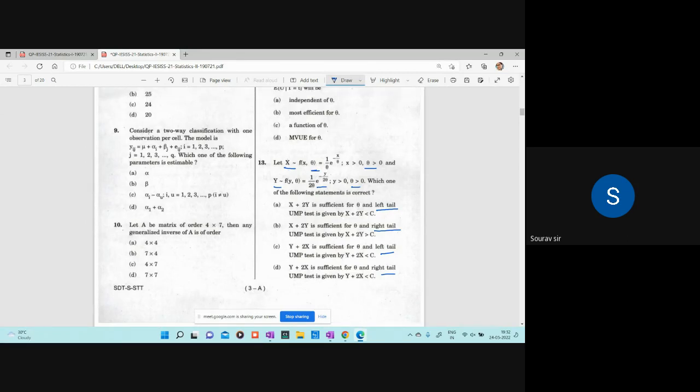Okay, can you answer question number 9? The same logic as we answered the previous question. C. Can you explain why C?